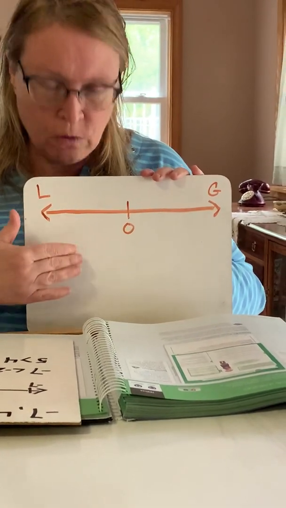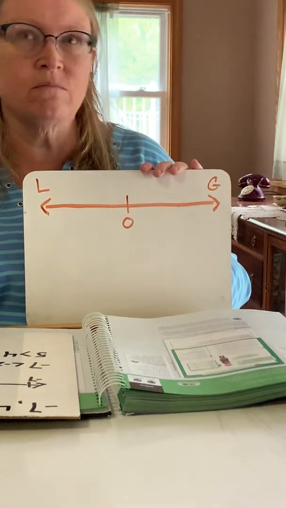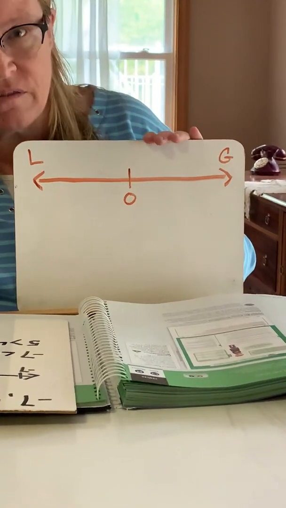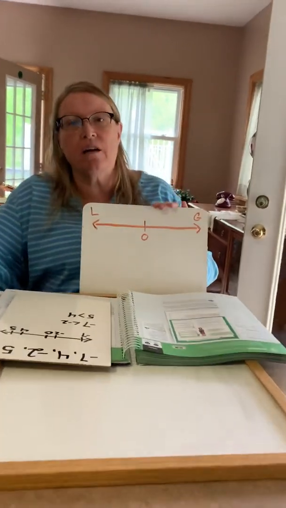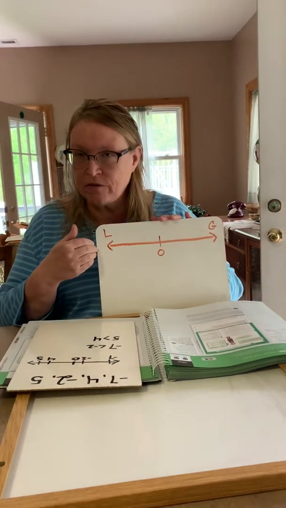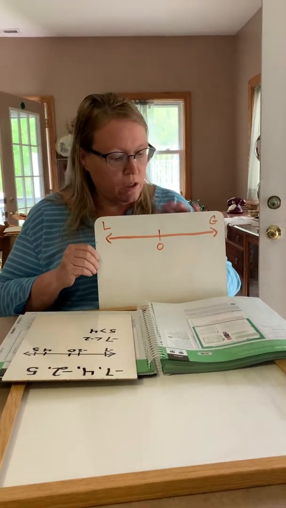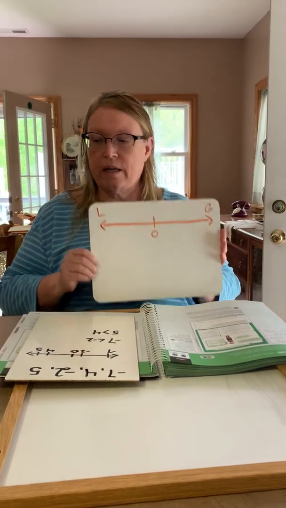Also make sure that you understand when I say negative, that really means the opposite of, okay? That minus sign just means the opposite of, so the opposite of 4 would be negative 4, all right? So the further to the left you go, the less the value. The further to the right you go, the greater the value, all right?